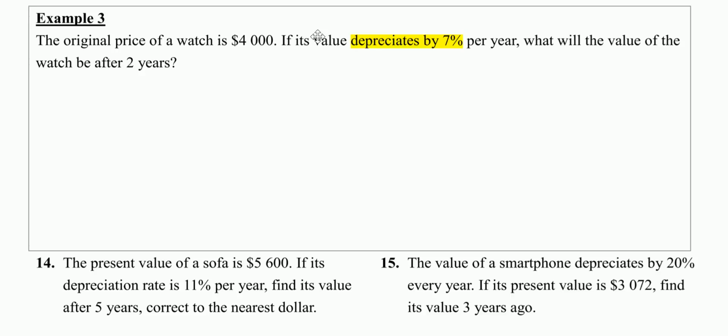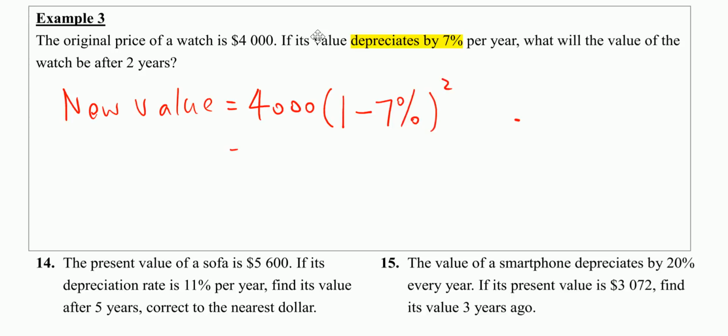The value is decreased for each period, so just write down the new value, which equals the principal or original value times (1 minus 7%), and since we want to find the value after 2 years, we can make use of the calculator. Some mistake here, and then we can find that the value should be 3495.6, and this should be the answer about depreciation for example 3.